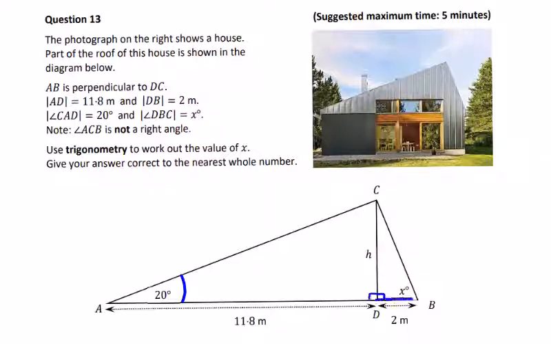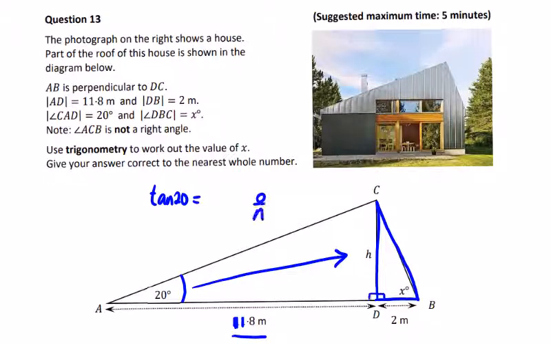So you can see in this triangle here we just have a value of 2 and a right angle, so we don't have enough information to find x. That's why h is in the other one. So we have 11.8 here and we have 20. So opposite and adjacent, we use tan. We say the tan of 20 is equal to opposite over adjacent.